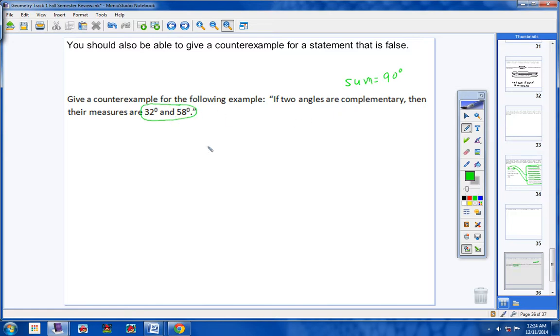So what's a counterexample? There's tons of them. 40 and 50. There we go. Those 2 angles are what? Complementary. But they're not those 2 angles. There are so many different answers you could give here. So make sure you know how to give counterexamples that prove a statement false, okay?